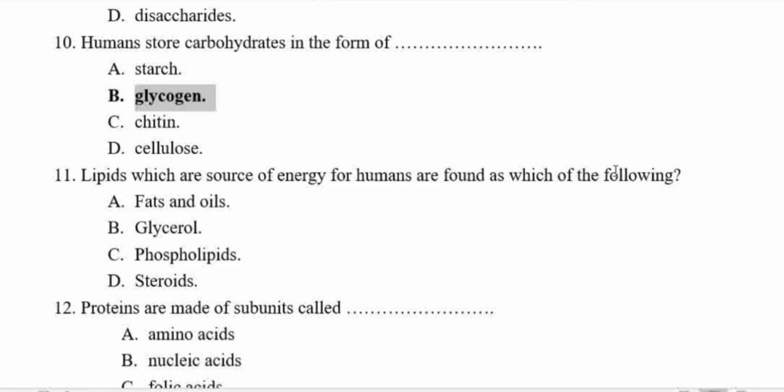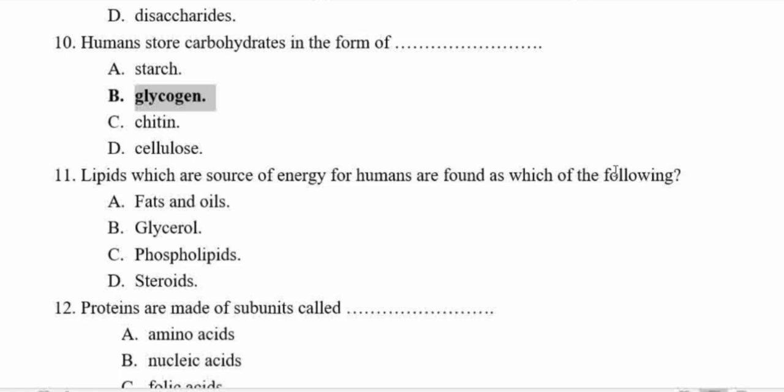In actual fact, we have two major energy sources that we talk about: the carbohydrates and the lipids. Mostly the carbohydrates are used first. The carbohydrates are for immediate usage compared to the lipids. The lipids are for long term.